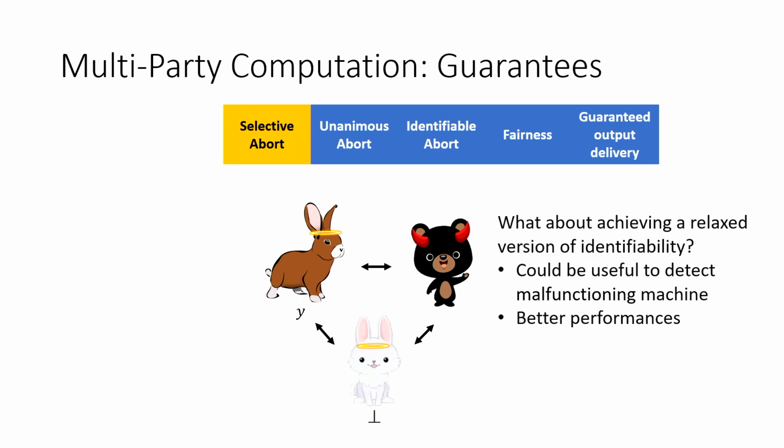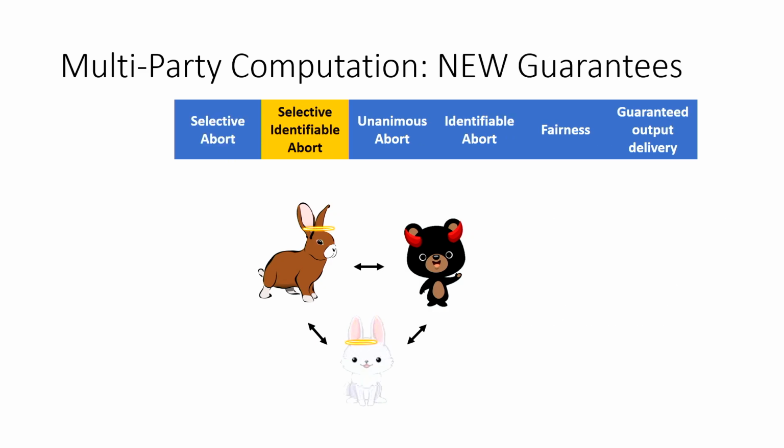If you look at this set of notions, you can see that when we require identifiability, we are also asking for unanimity. But what about all the cases where we cannot get identifiability and unanimity at the same time? In our work, we ask: can we still get some form of identifiability which is still meaningful? In particular, we design a new notion of security called selective identifiable abort.